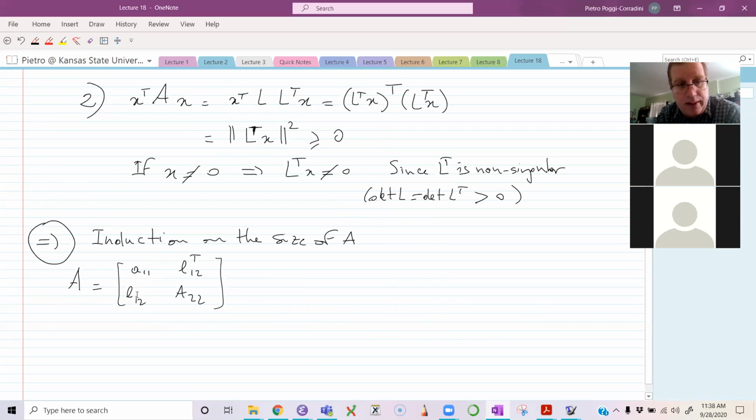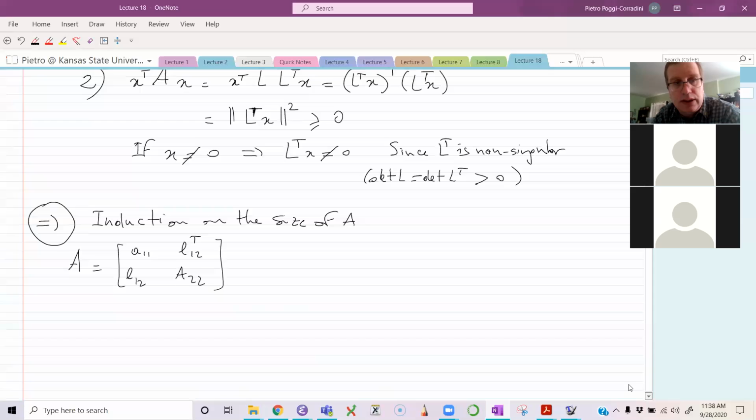So it's symmetric. A22 is going to be symmetric as well.